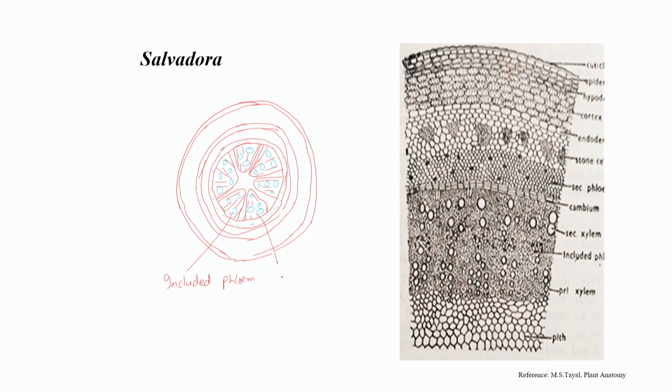And this is the secondary xylem, and this is the secondary phloem, and outer regions as we have discussed several times. Okay, here it appears that some sort of gaps are there between the secondary regions of vascular tissue, but these are not actually gaps, these are medullary rays.